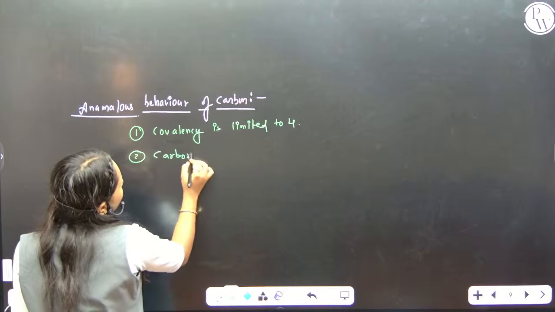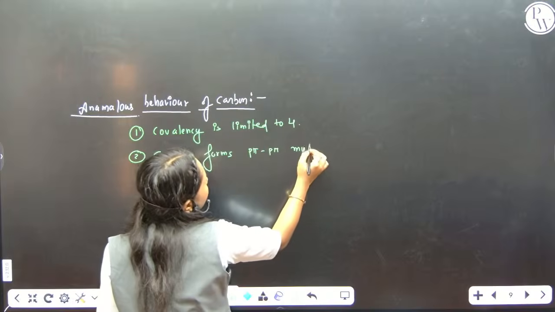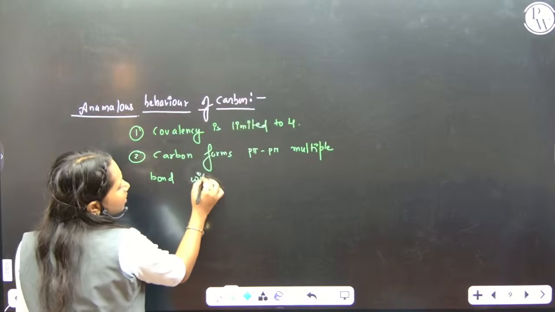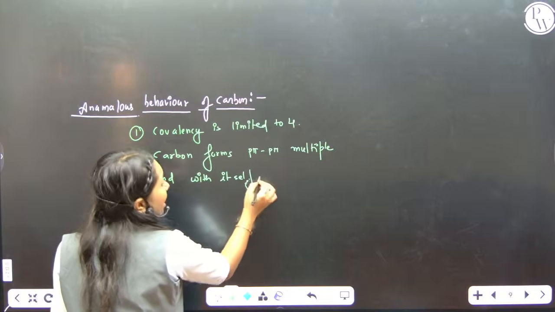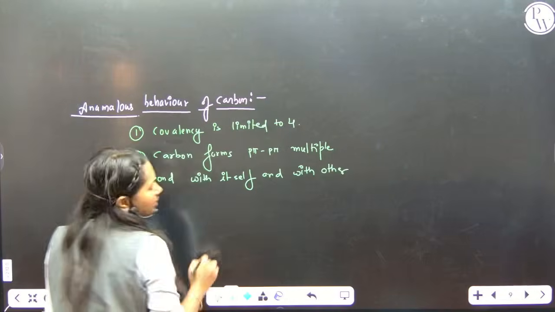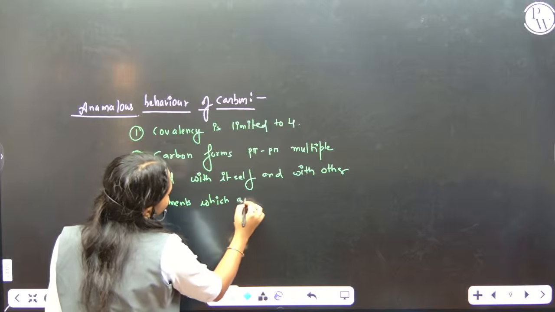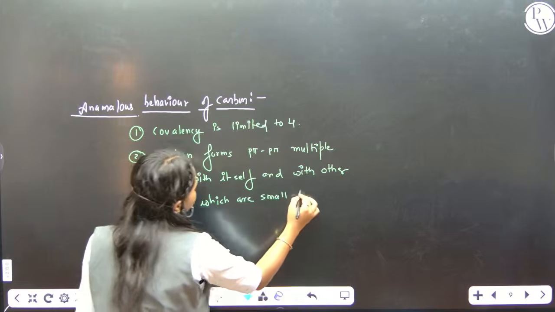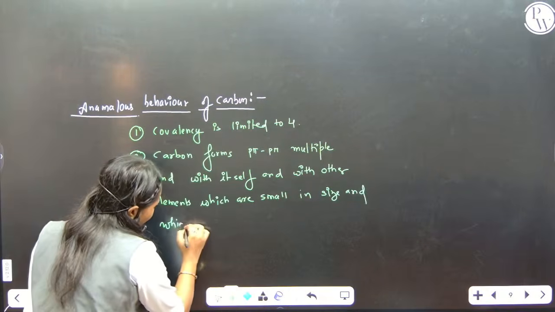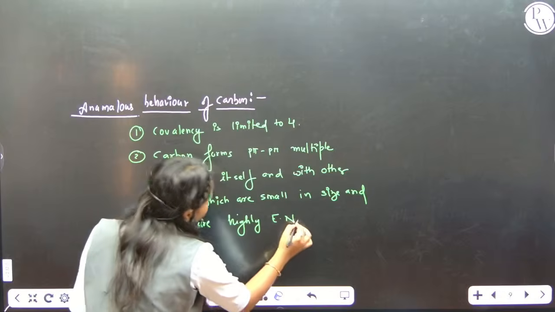Carbon forms p-pi multiple bonds with itself and with other elements which are small in size and highly electronegative.